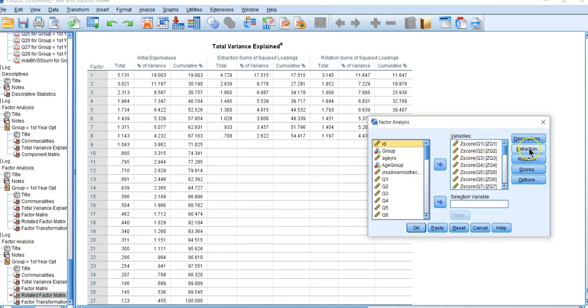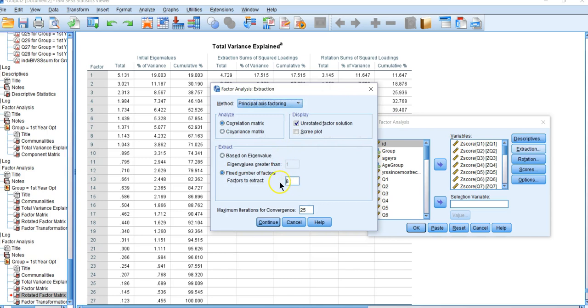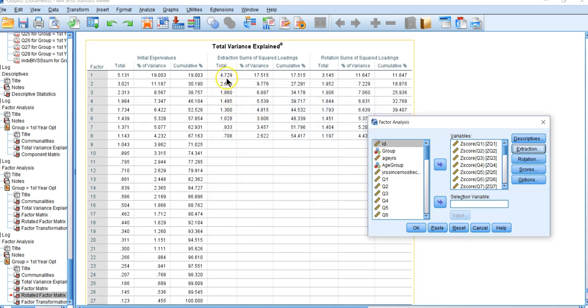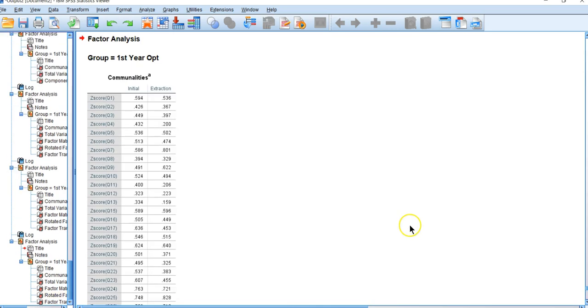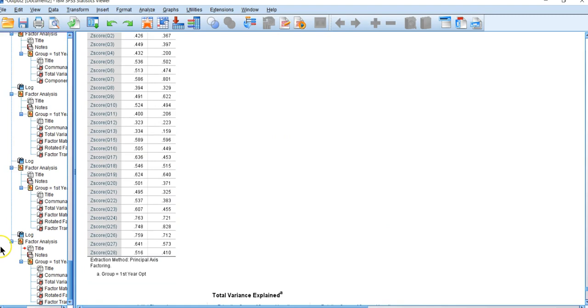So extraction is now 6 instead of 8 because we have 1, 2, 3, 4, 5, 6 that are greater than 1. Although that last one's kind of small, but let's see where that leaves us.